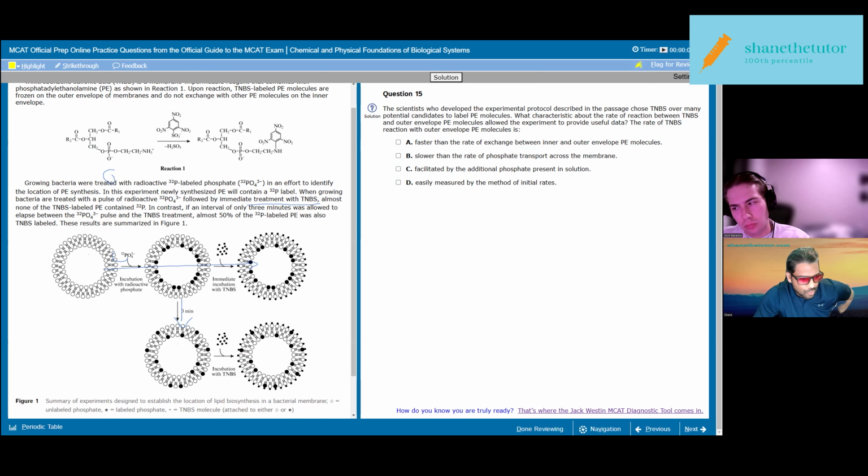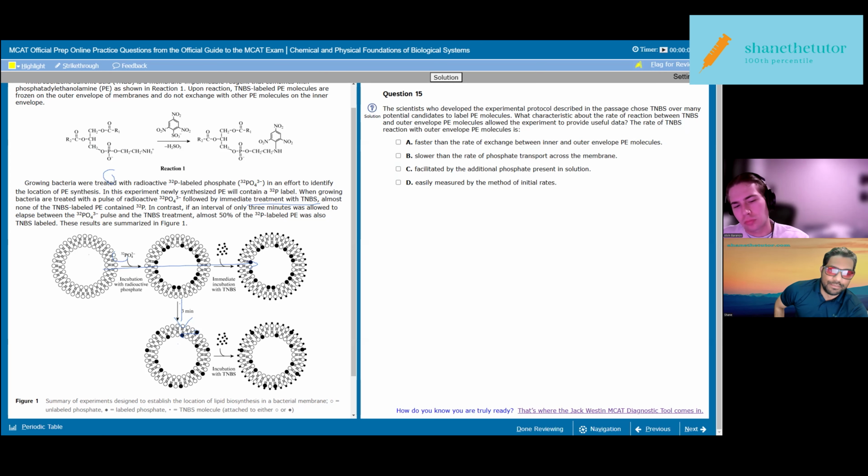It seems like when you wait, you have more. Do you remember flippases and floppases and all that? If you give it time, there's a chance for the inner labeled lipid to move to the outer leaflet, right?